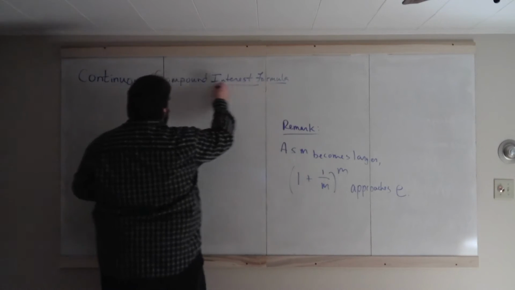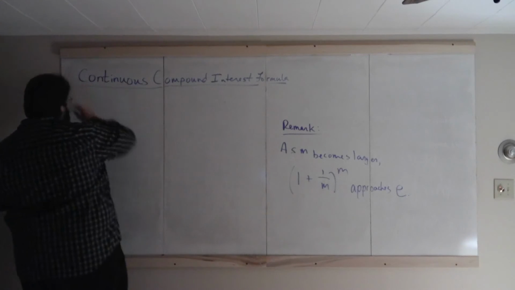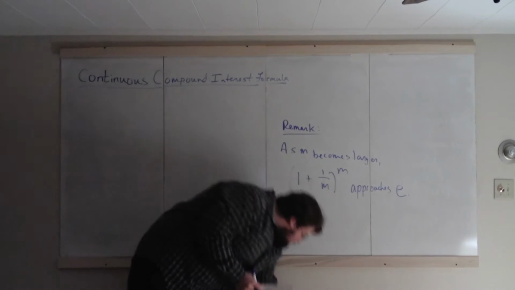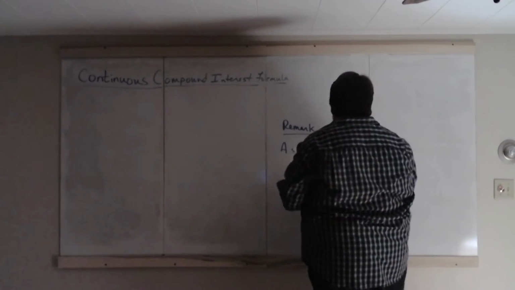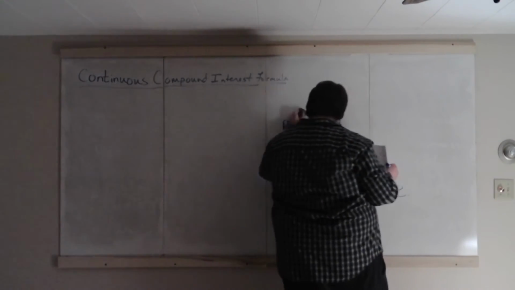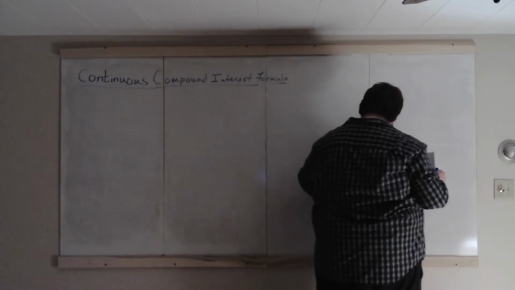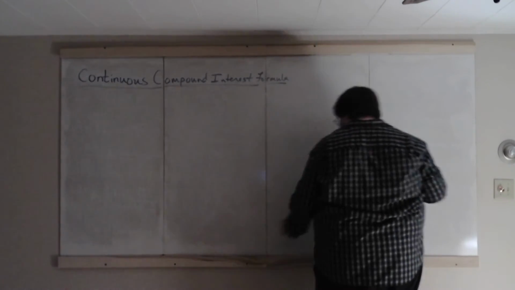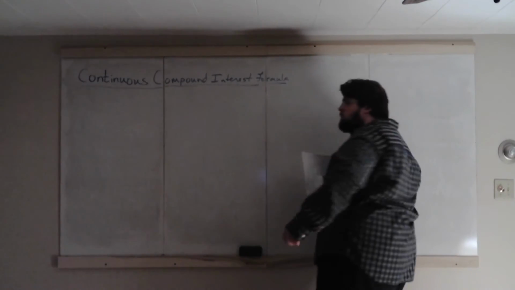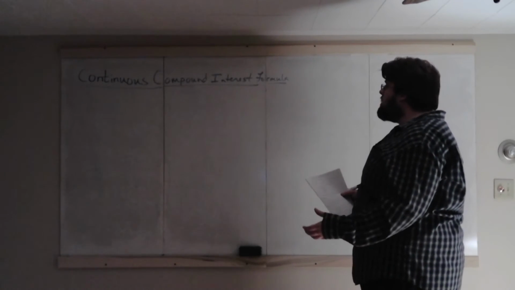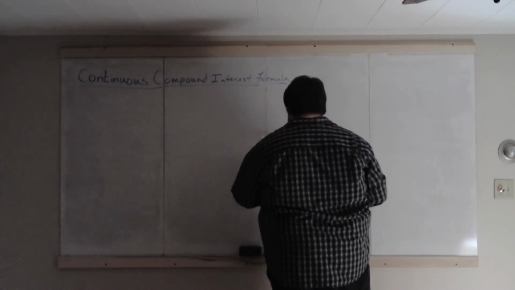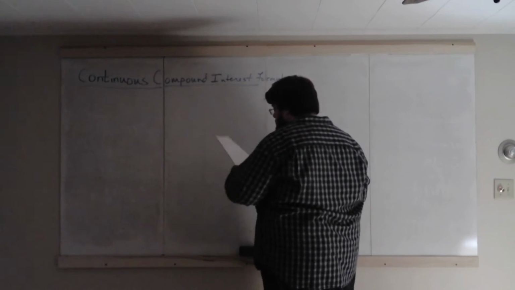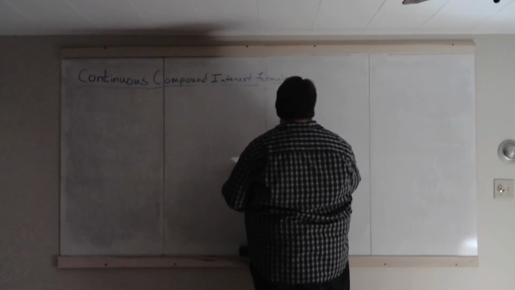Before you write the formula, you should write the definition of continuous compound interest, which I'm going to give you right now, and then I'm going to write the formula over there. So, definition. Continuous means that the interval on which we're compounding is getting infinitely small. So we're compounding larger and larger amounts of times per year, but a little more formally.